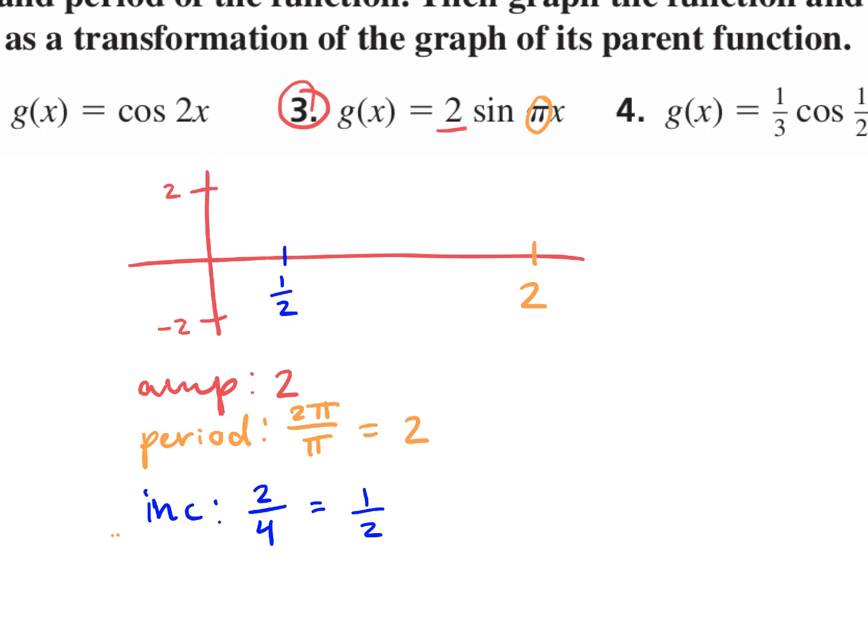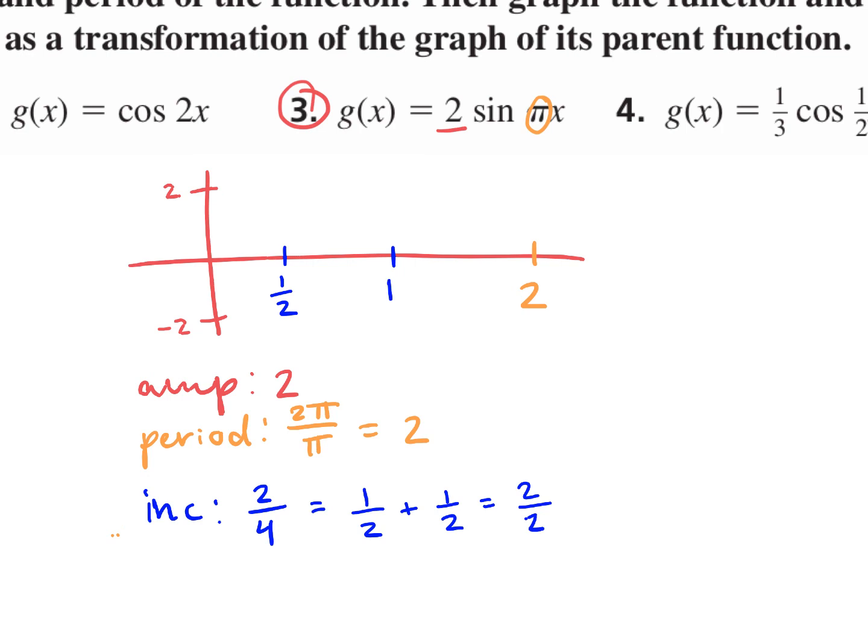How do we find the next one? Or 1/2. So we add 1/2 to it. 1/2 plus 1/2 is 2 over 2, which is 1.